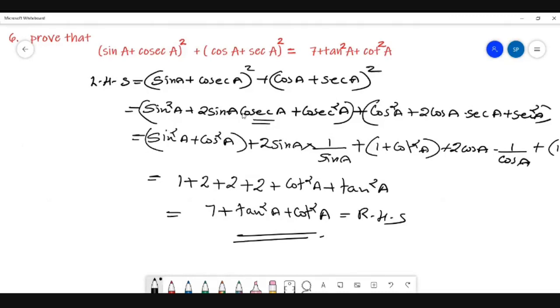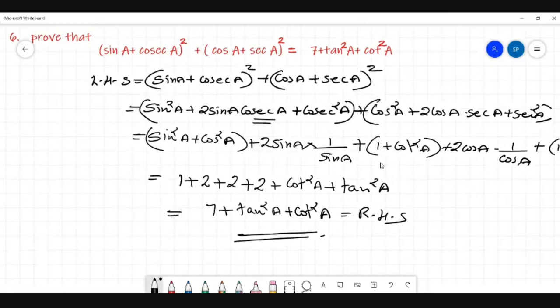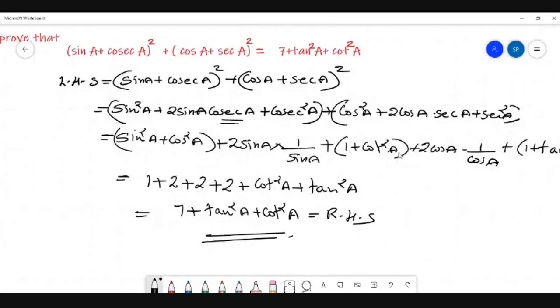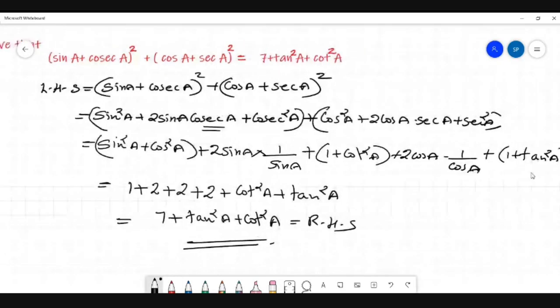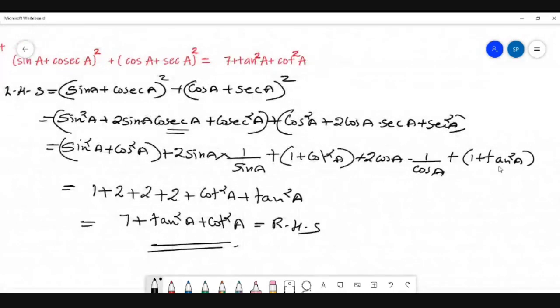It is 1, 2 sin A. Cosec is converted in terms of sin A, that is 2 sin A into 1 by sin A. Then cosec square is 1 plus cot square A. Then 2 cos A into 1 by cos A plus 1 plus tan square A. The sec square is converted into 1 plus tan square A. Now sin A getting cancels, 2. Here cos A getting cancels, that 2. Then 1 plus 1, 2 plus cot square A plus tan square A.